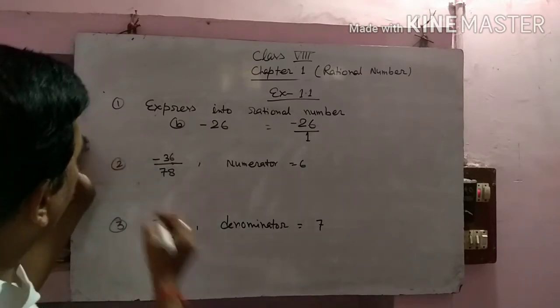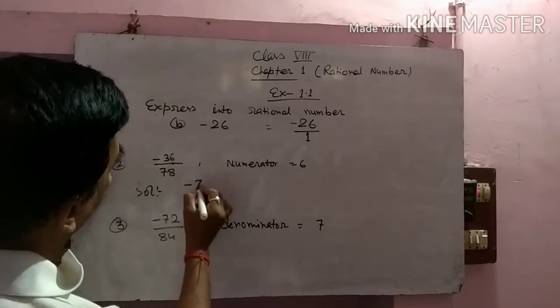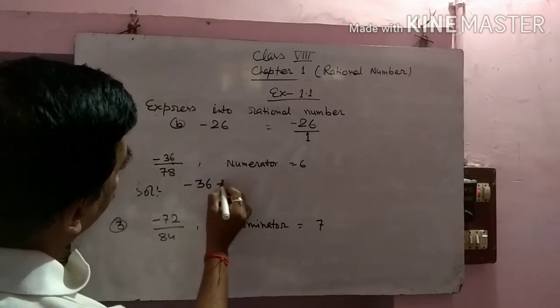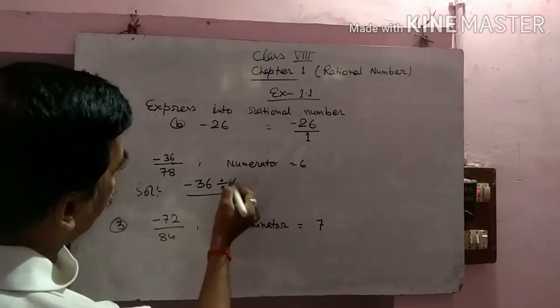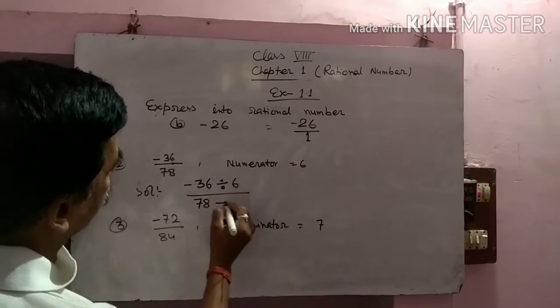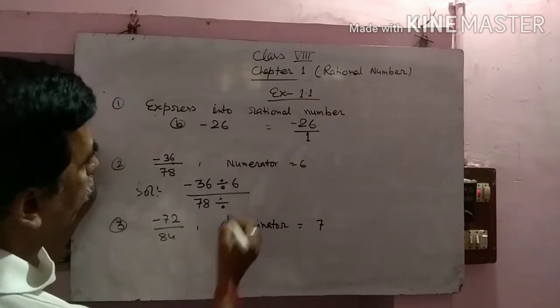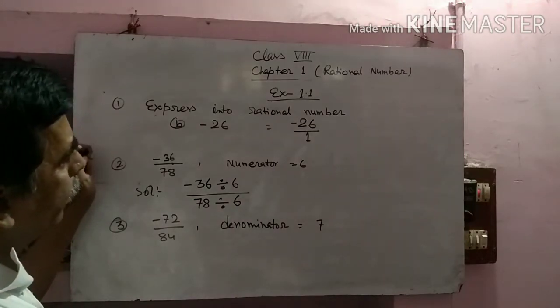So what can we write? In solving this, you can write it like this: minus 36 is divided by 6. If you divide the numerator by a number, the denominator should be divided by the same number, so the value remains unchanged.